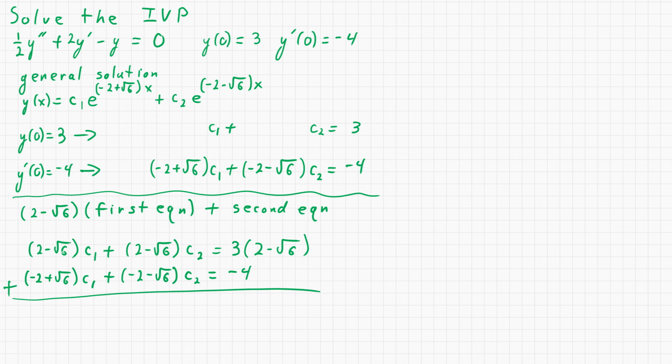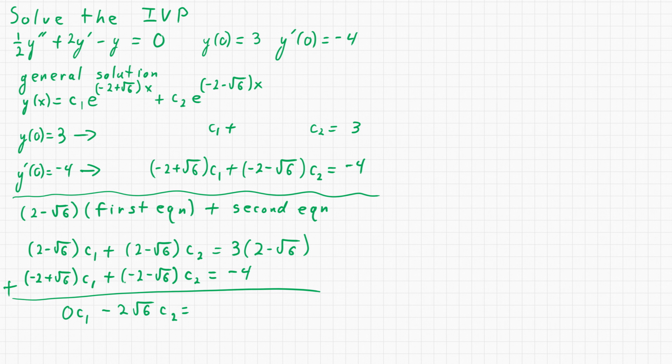So 2 minus square root of 6 plus negative 2 plus square root of 6, those cancel. I just get 0 C1. On this one, I get a 2 plus negative 2, so I don't have any of that left, but I have negative square root of 6 plus another negative square root of 6. So I end up with minus 2 square root of 6 times C2 equals, well, we have 3 times 2, that's 6.